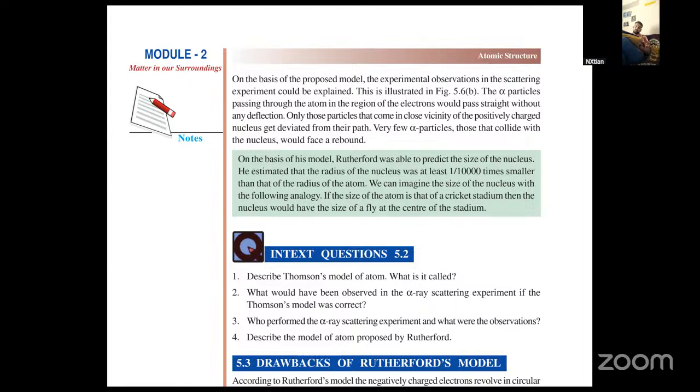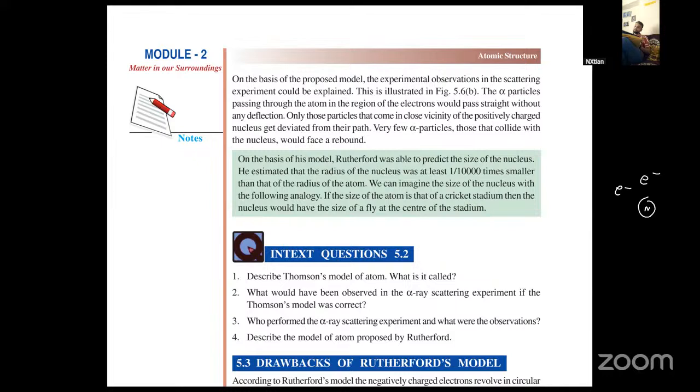Rutherford tells us that this is a nucleus, and electrons are revolving around the nucleus. But if something is moving, it will have energy and it will lose energy.